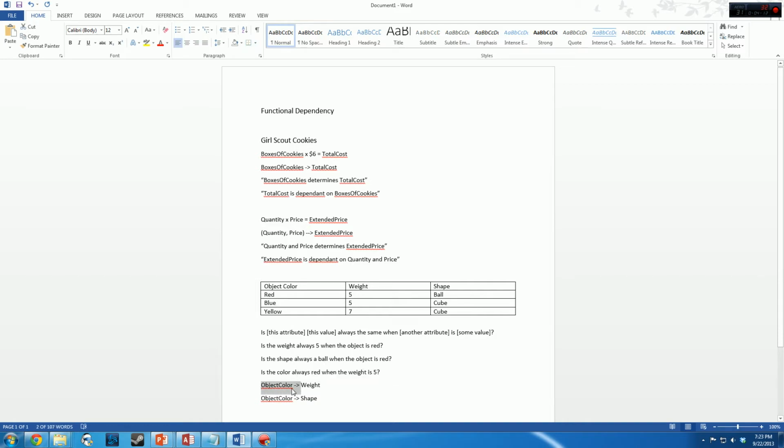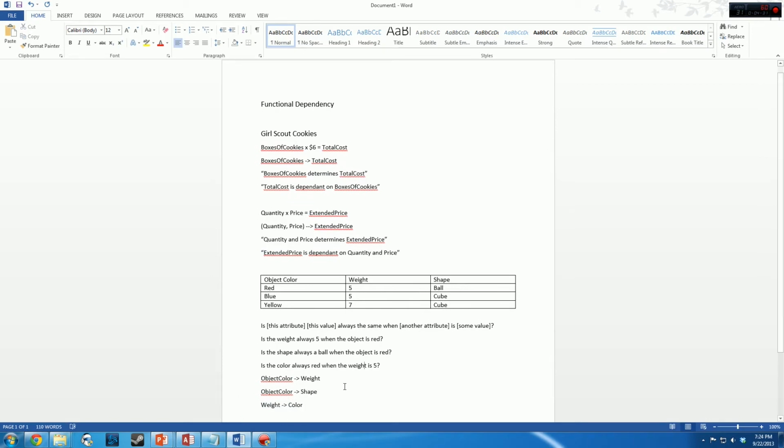Remember, a dependency says, using what's on the left-hand side, I can always tell you what's on the right-hand side. So if I know its color, I can tell you its weight and I can tell you its shape. But we cannot say weight determines color, because if I know the weight is 5, that could be a red ball or a blue cube. Likewise, is the shape always ball when the weight is 5?